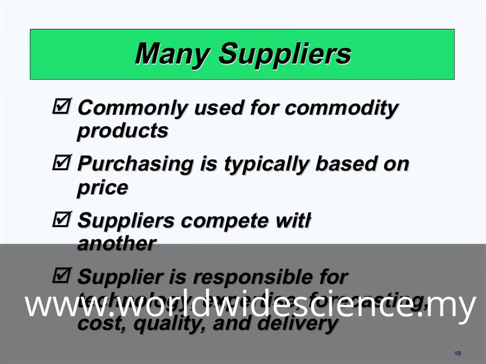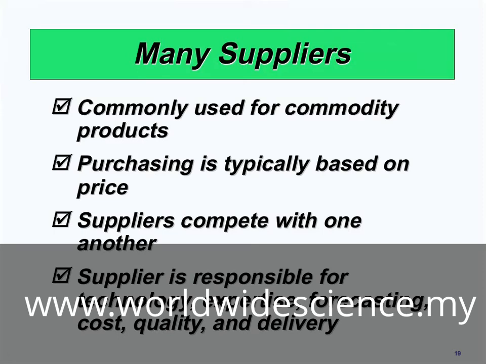Negotiation with many suppliers is commonly used for commodity products. Commodity products means the necessary products, especially in the food industry, where a company needs a large amount of raw materials.